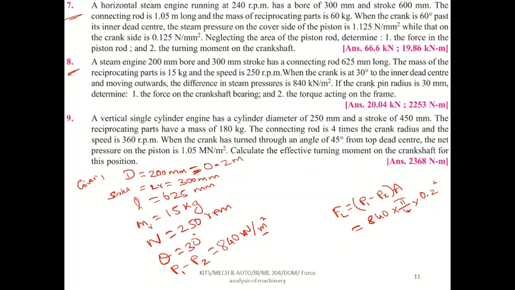If the crank pin radius is 30, so they are given the crank pin radius. Determine the force on the crankshaft bearing and the torque acting on the frame. You have to find out the force on the crankshaft bearing.